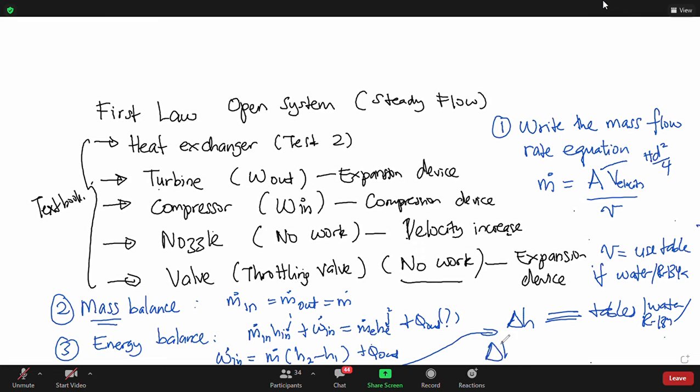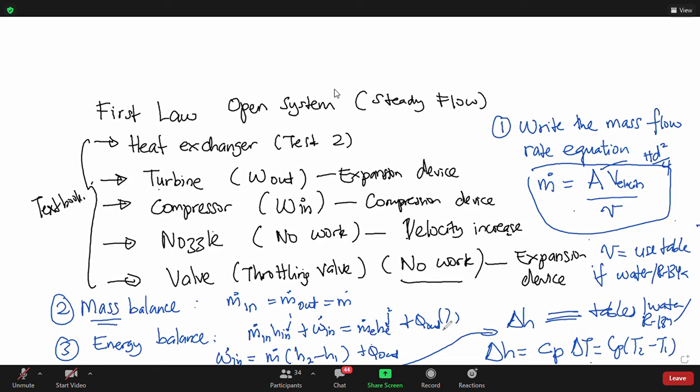If it's an ideal gas, this will be Cp delta T, Cp times T2 minus T1. So it depends. The question can ask you for mass flow rate. If it's mass flow rate, you can use the mass balance. You can use the energy balance to find the m dot.